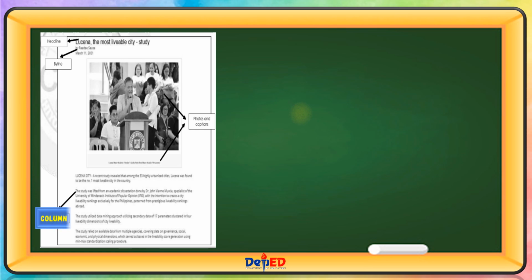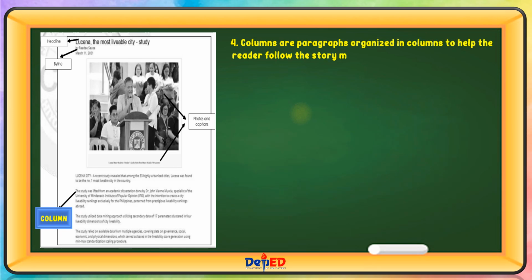Column. Columns are paragraphs organized in columns to help the reader follow the story more easily. Columns are bodies of text placed side by side.